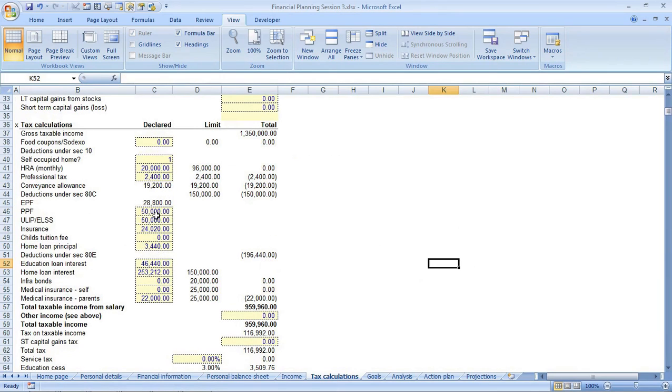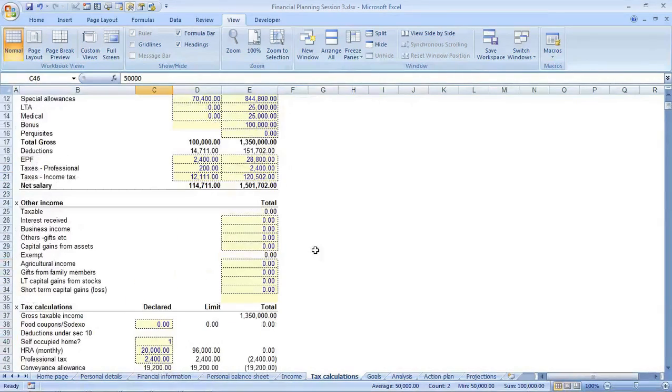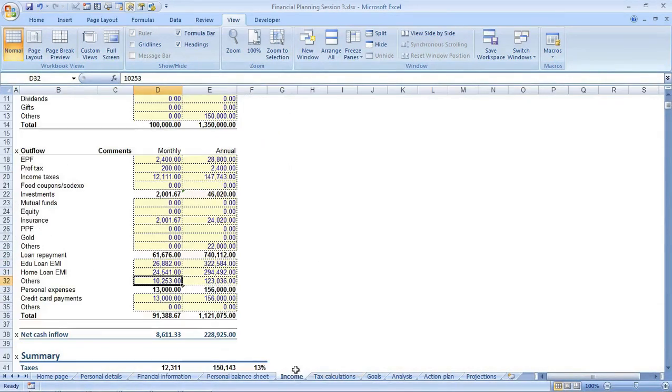Let's say he invests in the EPF and PPF from the bonus which he gets, that would reduce his taxes.